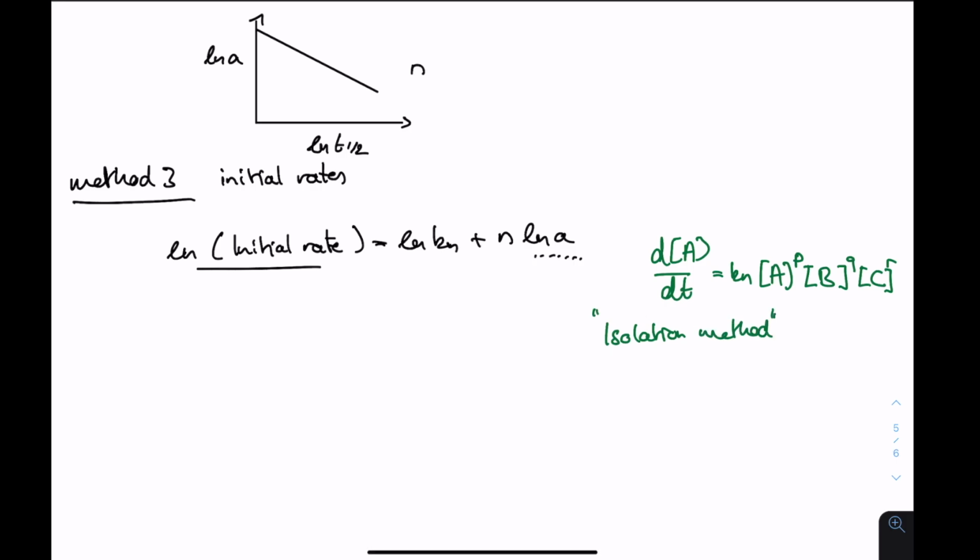So for example, I would put a very large excess of B, right? So over the whole course of the reaction, B is basically the same as the initial concentration B0, right? So if we then also take A and C, the initial ones at least, equal, so they're stoichiometric, right?